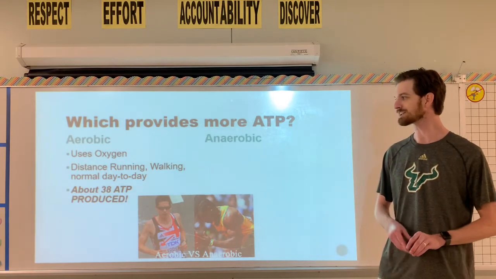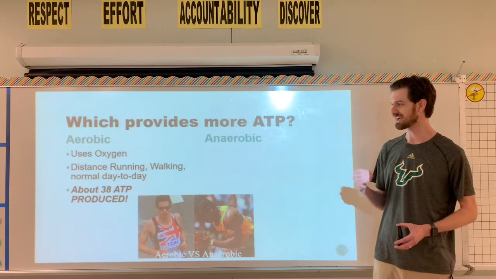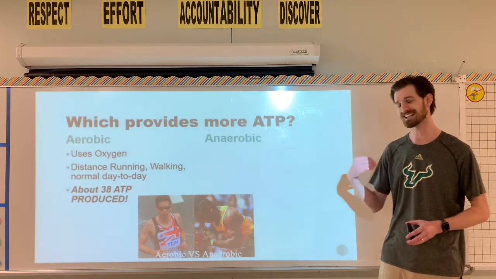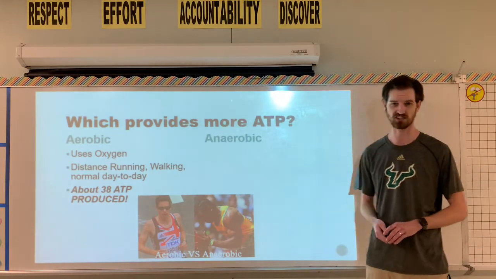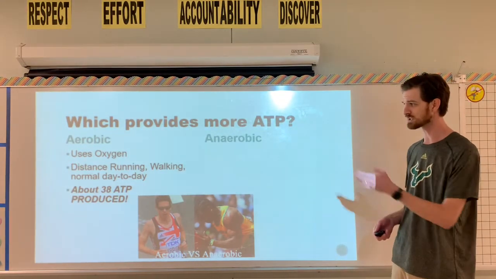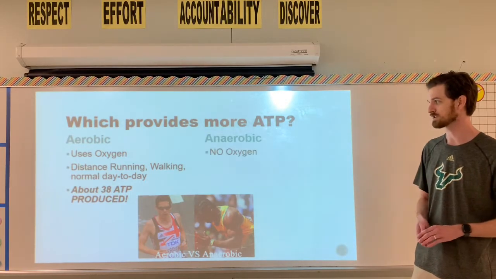In the process of making it, you do consume some ATP, so it produces 38, but the gain overall is 36 ATP. For one molecule of glucose, you get 36 overall in return. That's a pretty good return on your investment.